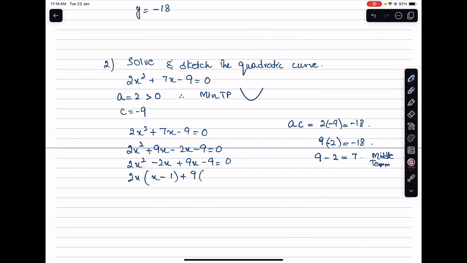From here, plus 9 common, I'm left with x minus 1 equals 0. So x minus 1 and 2x plus 9 is equal to 0. And from here, I can say that my x-intercepts are x equals 1 and negative 9 by 2. So these are the two x-intercepts that I have at the moment.